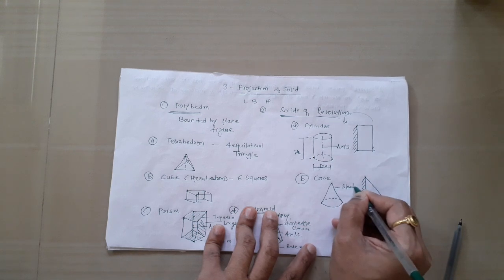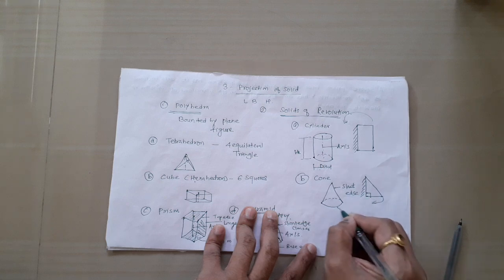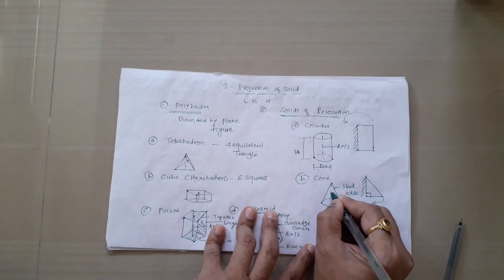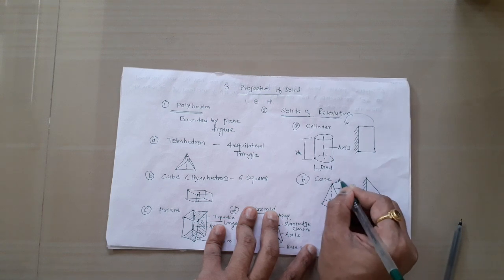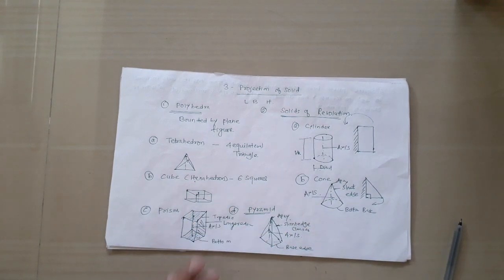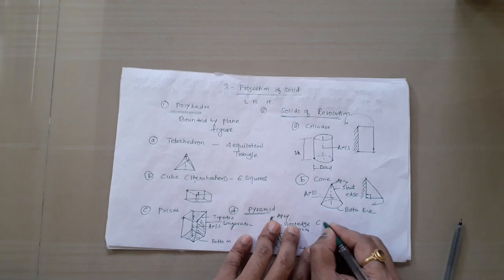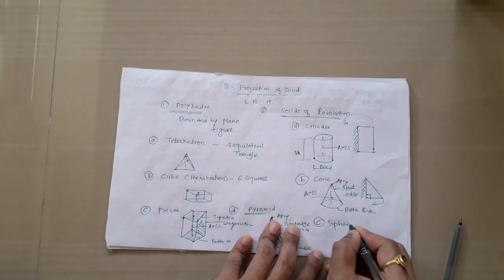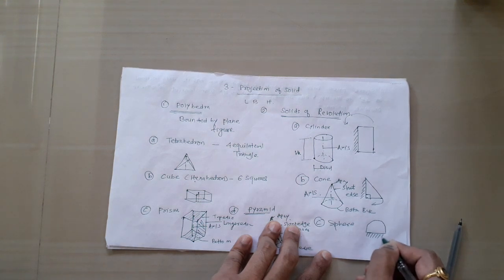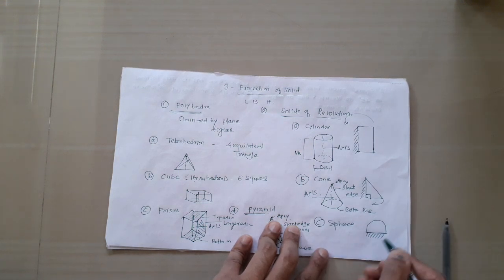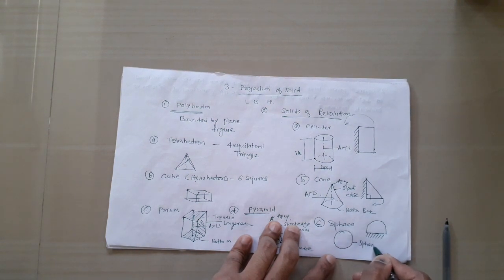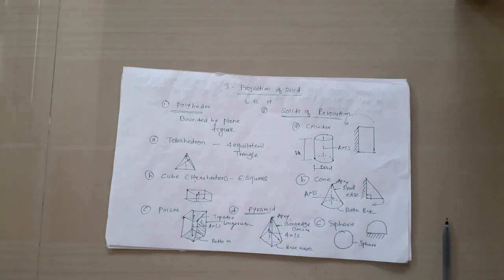As you know, this is a slant edge, this is the bottom or base circle, then the imaginary line joining this apex point and center of the base is known as axis. And the last one is the sphere. Sphere is generated by revolution of a semicircle. If you fix the diameter of the semicircle and rotate that, you will get a sphere. So these are the types of solid.